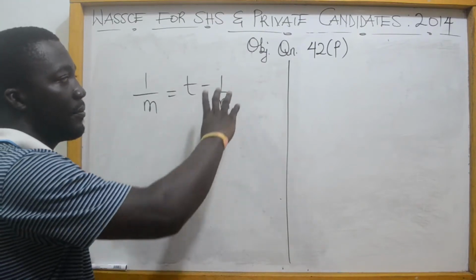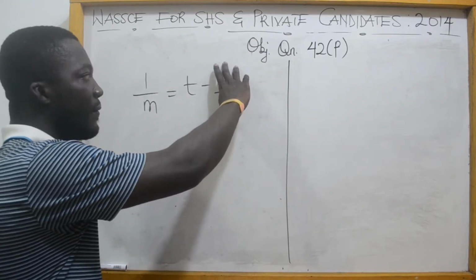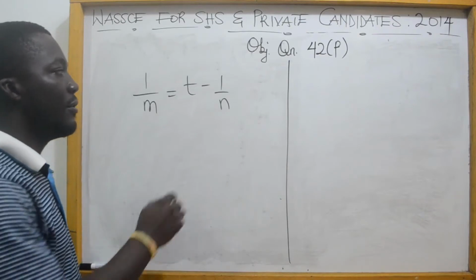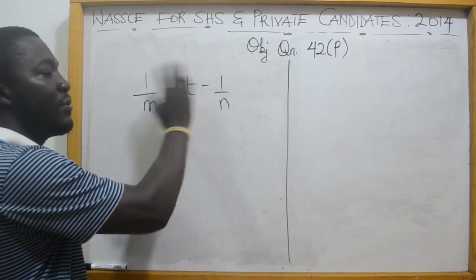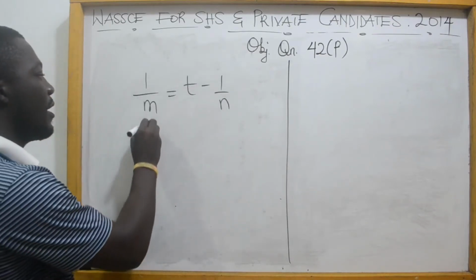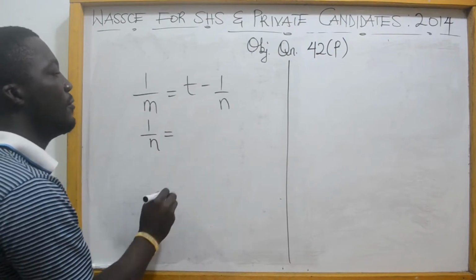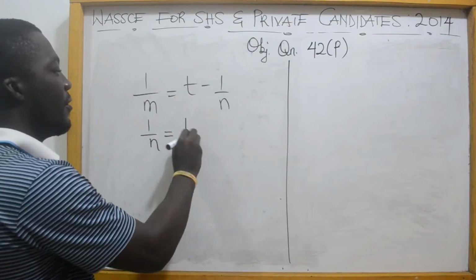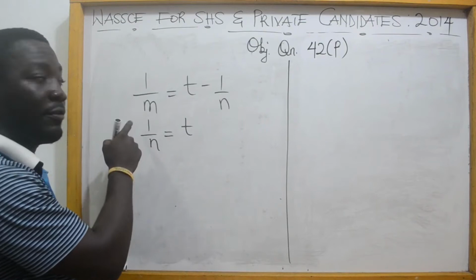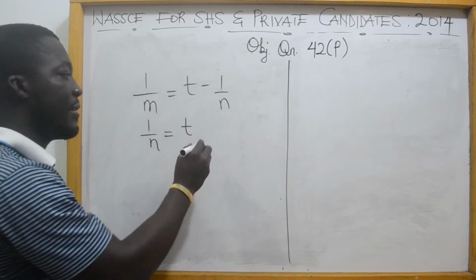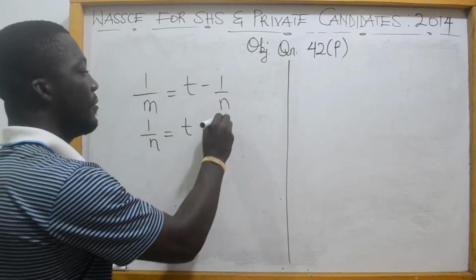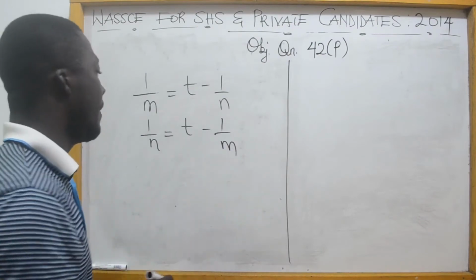But of course, we will change this term to positive. So this term will be transposed to the left hand side and it will become 1 over n is equal to, then t is already there, 1 over m will be transposed to the other side and it will become negative 1 over m.